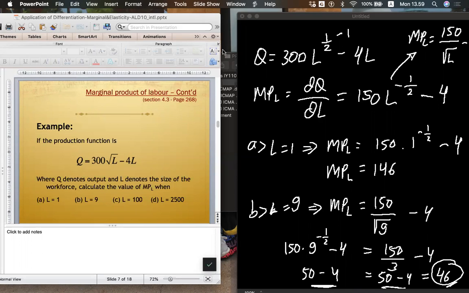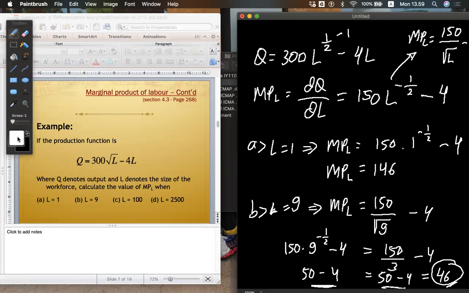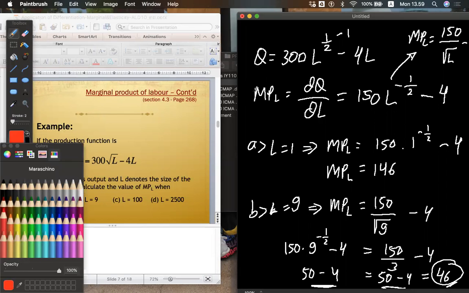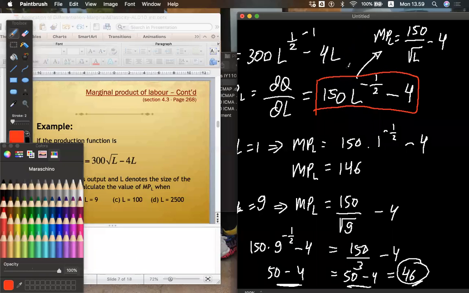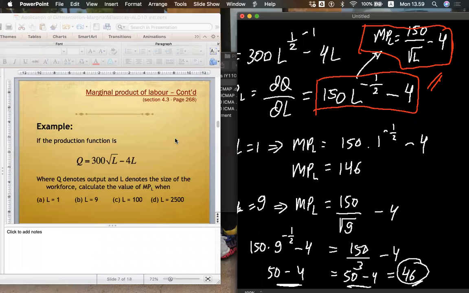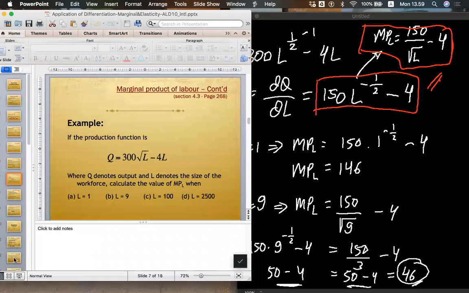Or you can use either this formula or this formula. This is just the same thing. Okay, next.